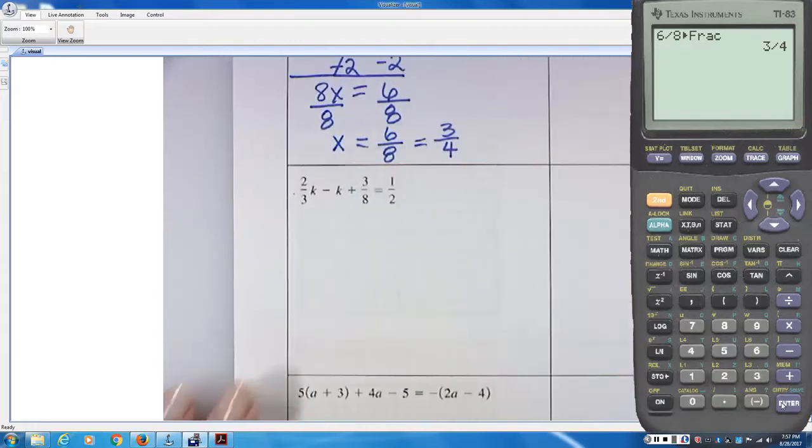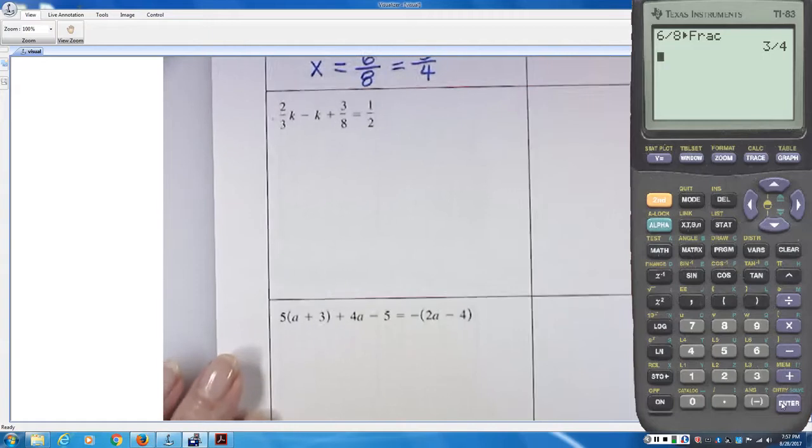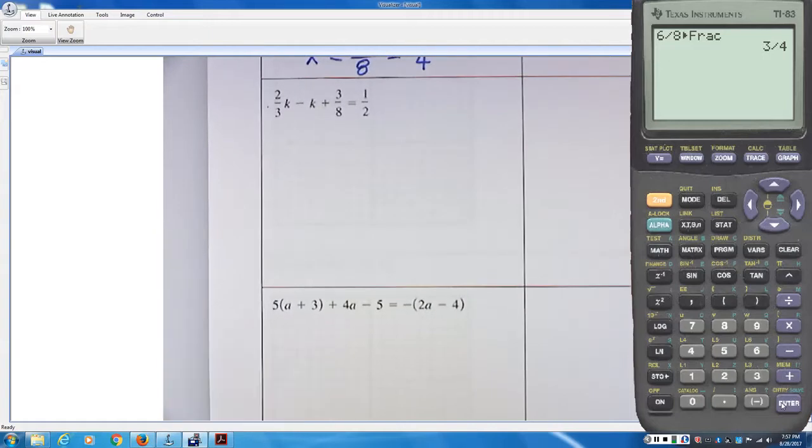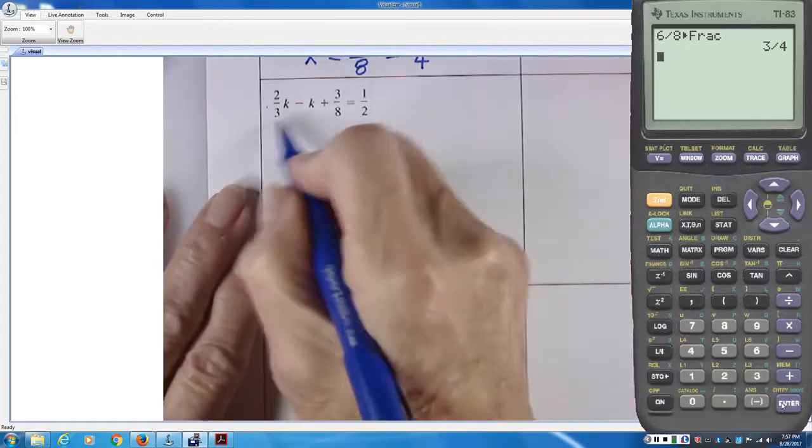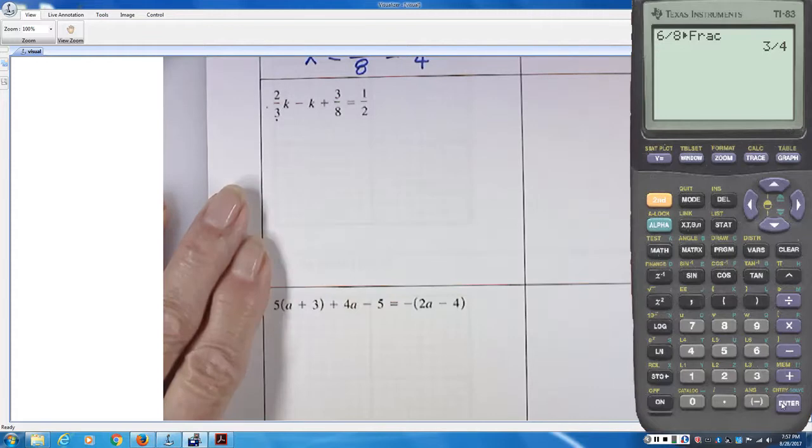Next example, and I put this one in there deliberately because I know when you see fractions, your brain goes, ah! Okay, here's what you do if you see fractions. You list out the denominators of all the fractions.